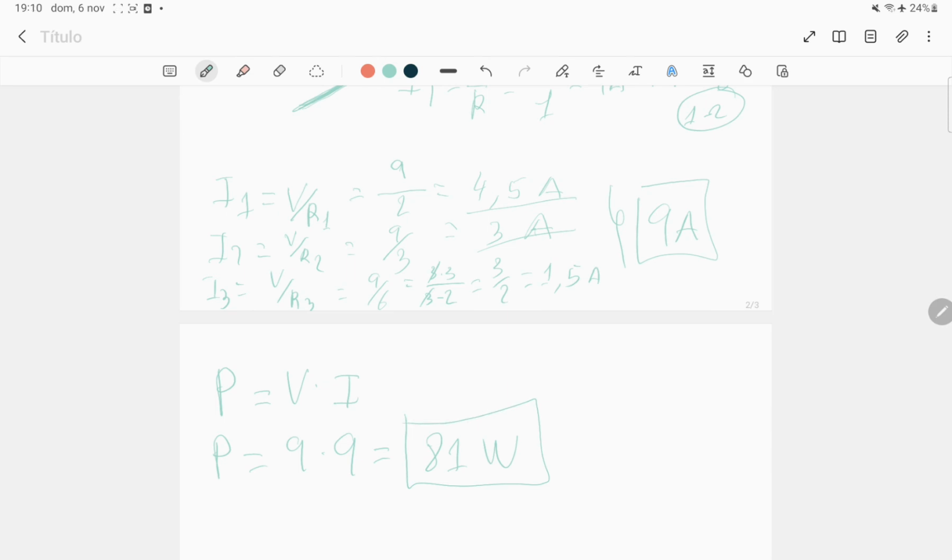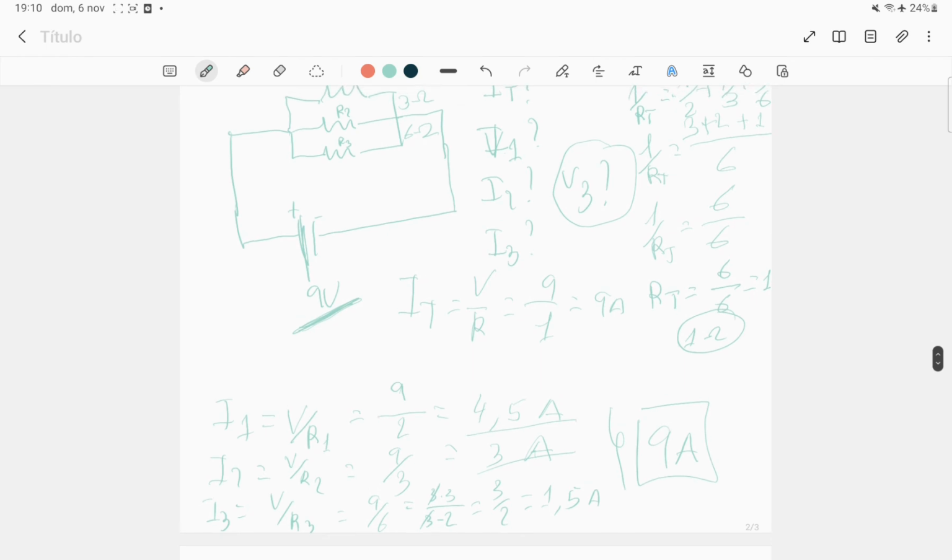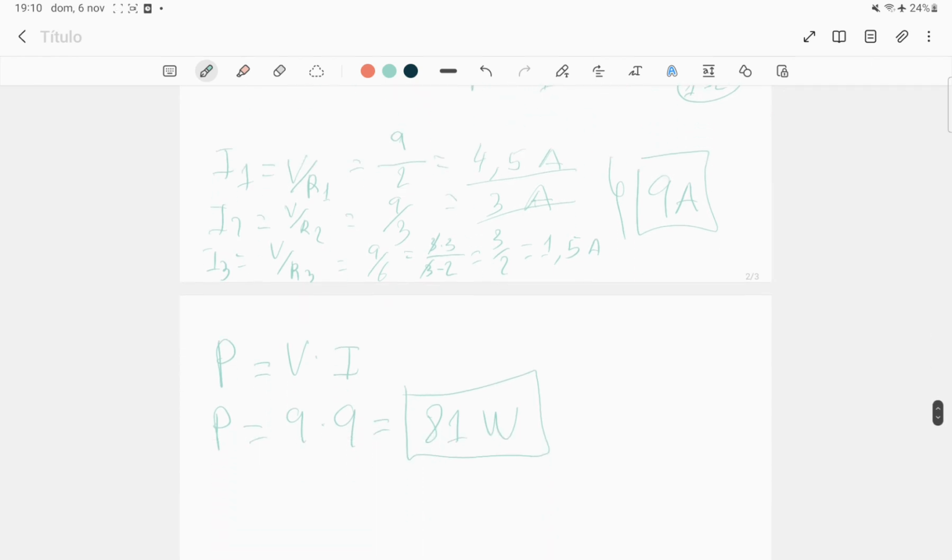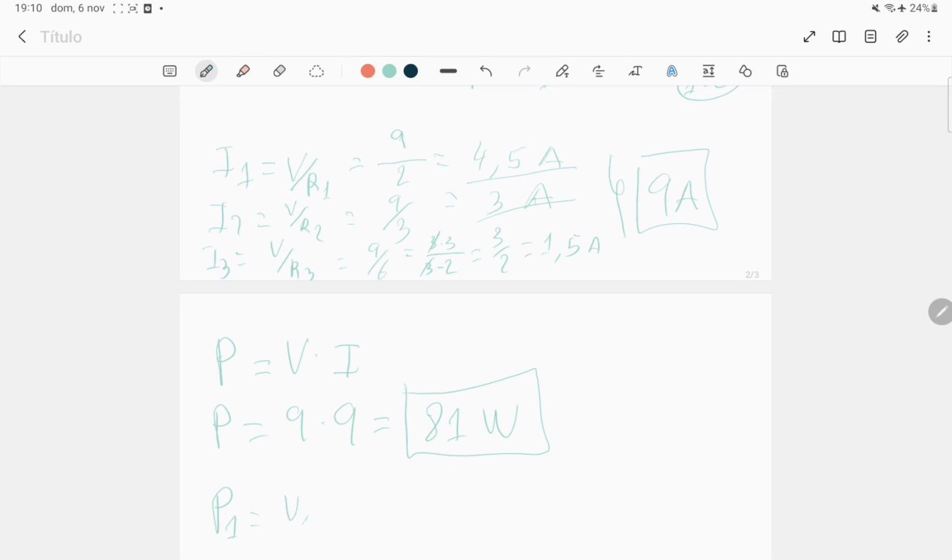This is for third, not for second. Okay, but also if you know it, better for you. Okay, and if I ask you for the power in each resistor, the only thing you have to do is the same. P1 for example is V1 multiplying I1.